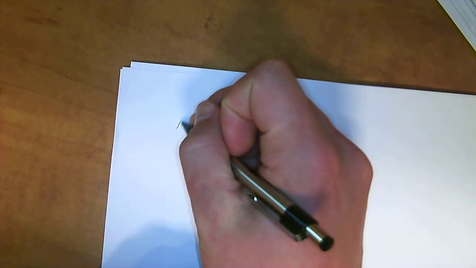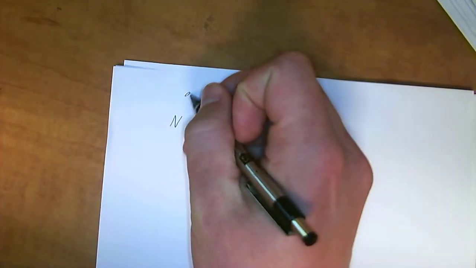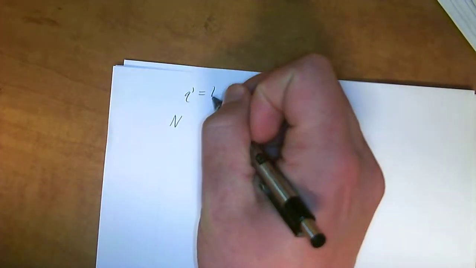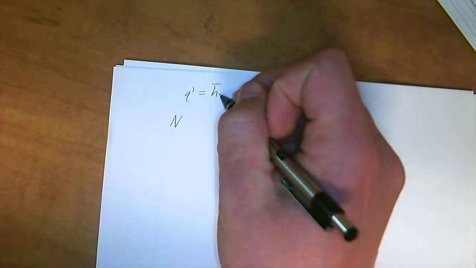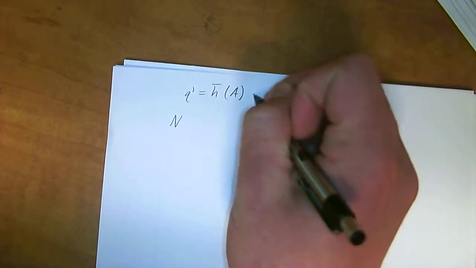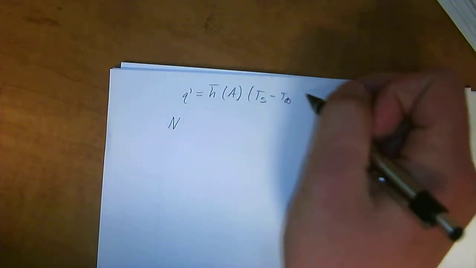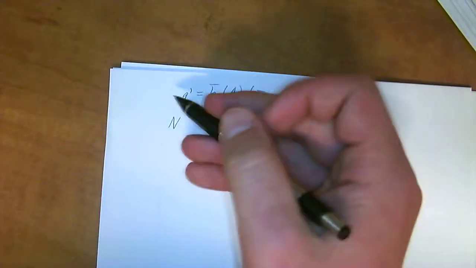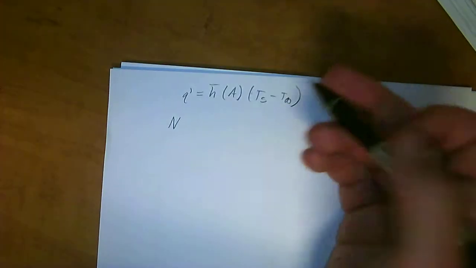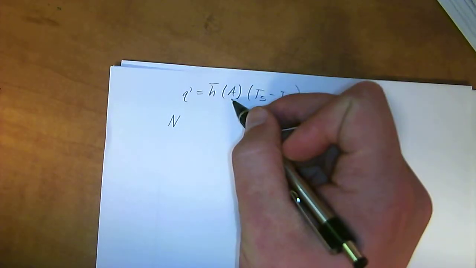We're trying to find the Q flux, which is going to equal h average times the area times Ts minus T infinity. So this is the final equation that we're trying to get to because we're trying to find the heat flux per unit length.